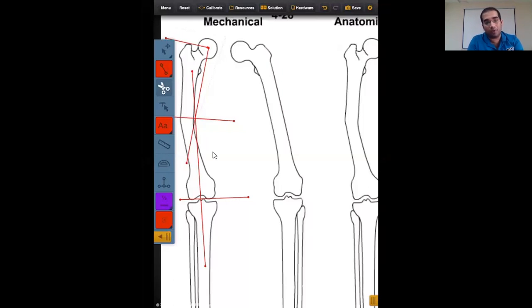There is some problem with the neck shaft angle. There is sometimes overriding of the greater trochanter. So either you first do just a proximal line, then you do a rule of 3 line, or it's easier that you simply always take the proximal reference by using the rule of 3 lines.